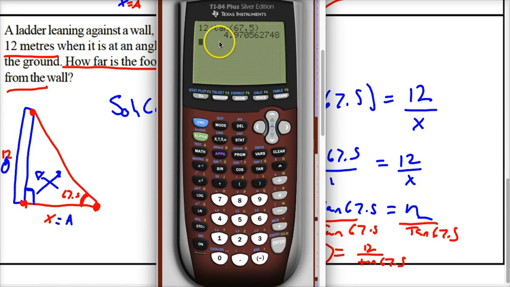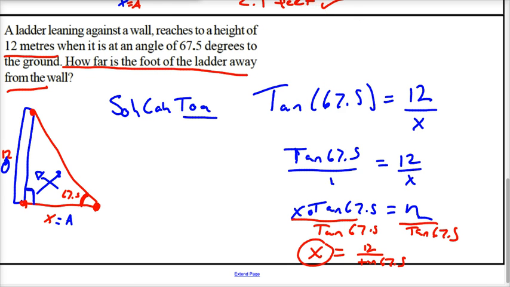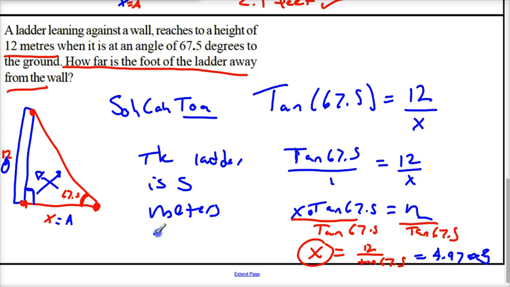I'm going to just round this up. So 4.97, let's just say 5. So our answer is 4.97, which is really close enough to 5 for me. All right, so the ladder is 5 meters away from the wall.